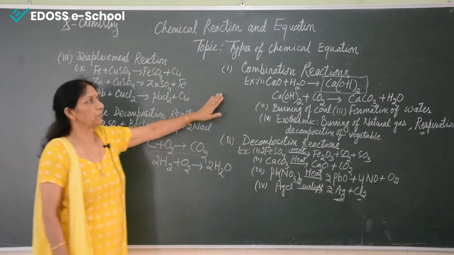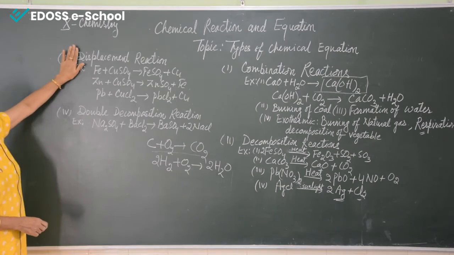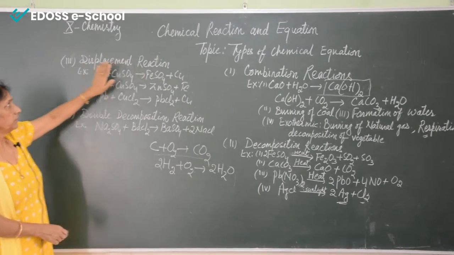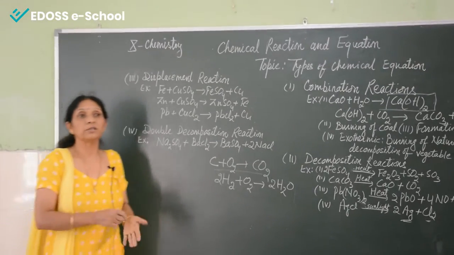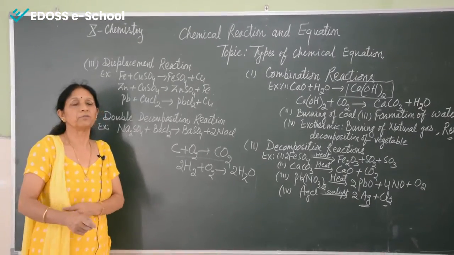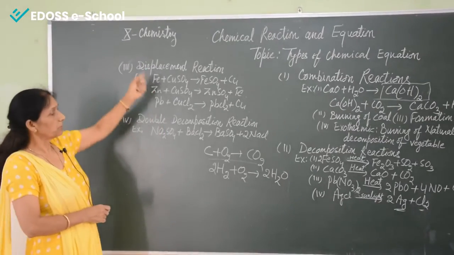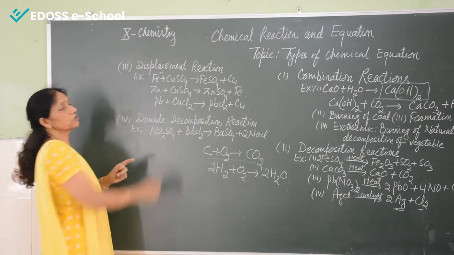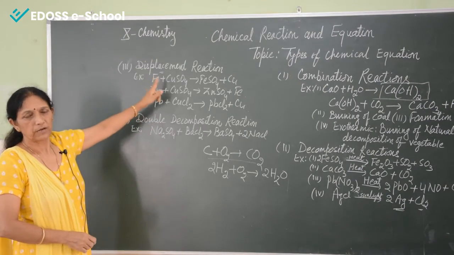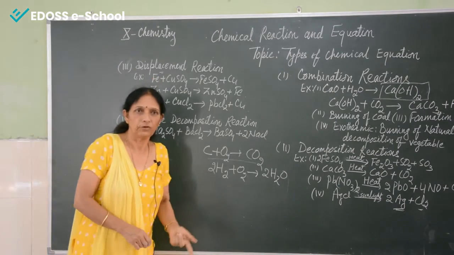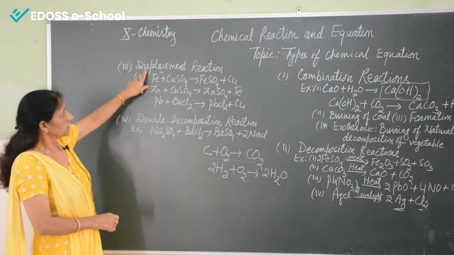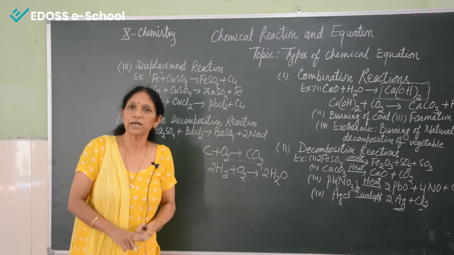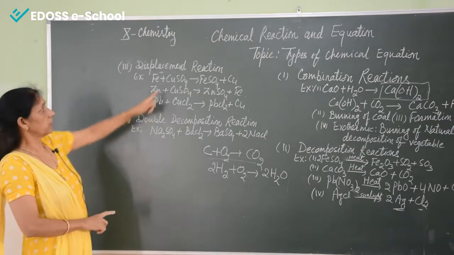Now coming to the third type of reaction, displacement reaction. As the name indicates, reactants are displacing each other. This reaction depends on the reactivity series also, and for this I have already made one video, you can watch it. Reactivity series means the most reactive element displaces the less reactive element from its salt.